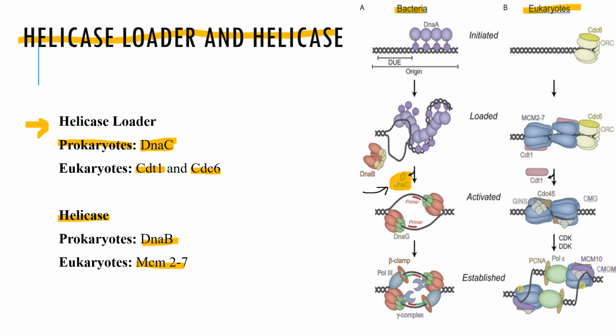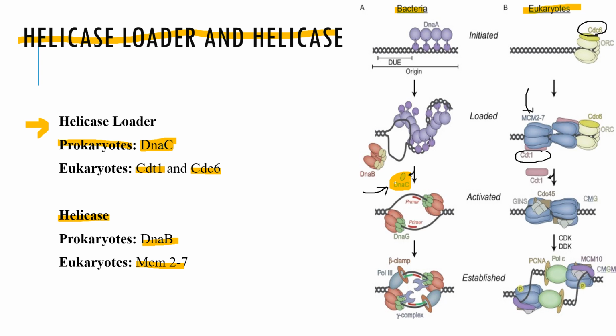Now you can see in this diagram that the helicase is MCM2-7, and in case of the eukaryotes, there are two helicase loaders. Number one is CDC6, another one is CDT1.